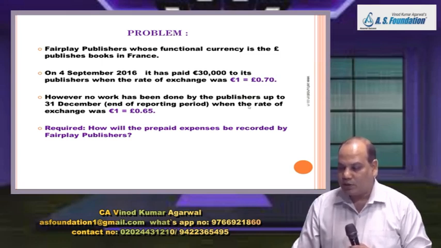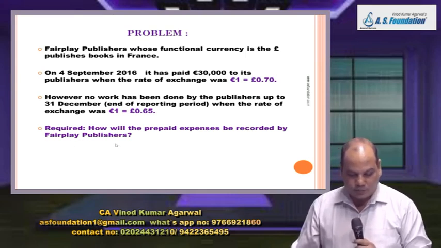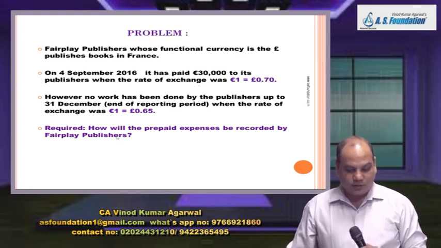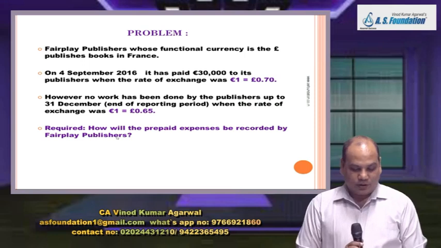However, no work has been done by the publishers up to 31st December, that is the end of the reporting period, when the rate of exchange was 1 euro equal to 0.65. How will the prepaid expenses be recorded by fair play publishers? So first you will try, then I will try.